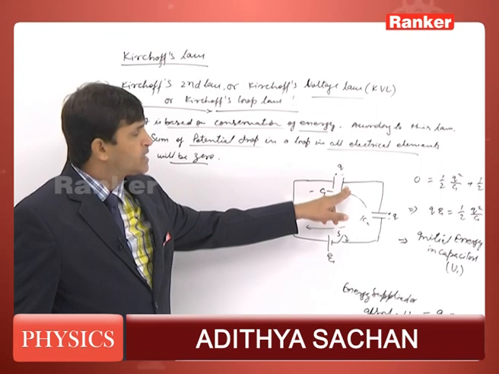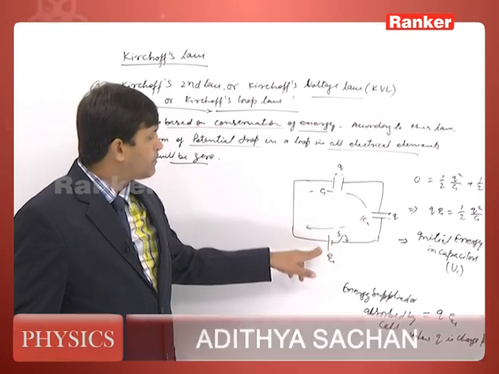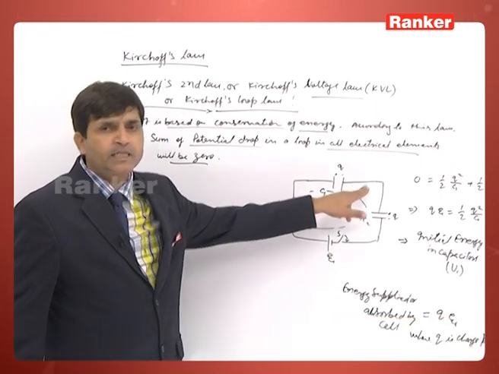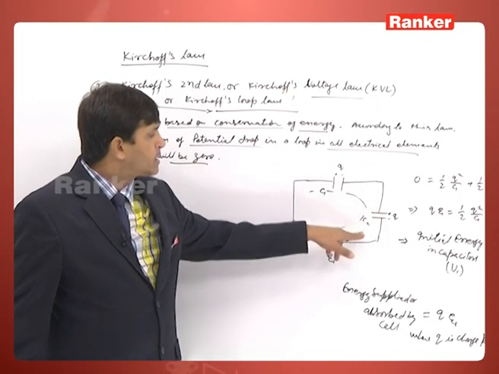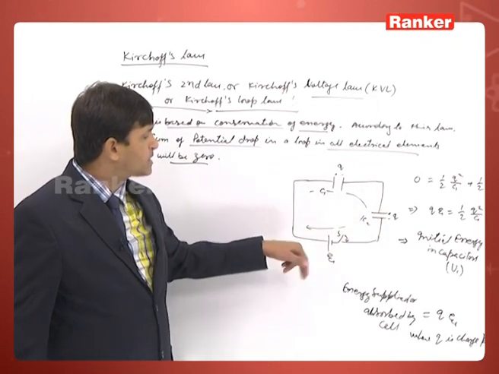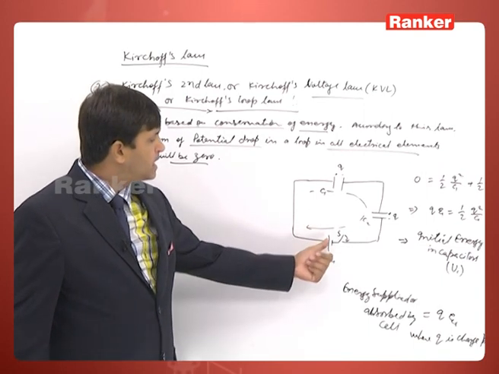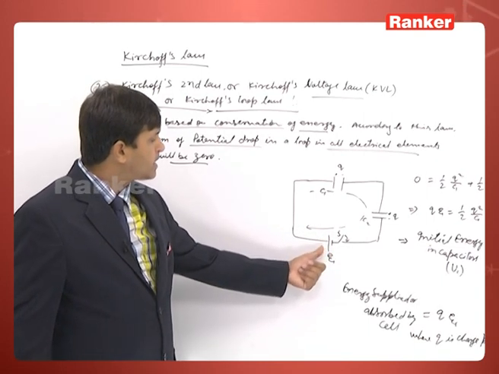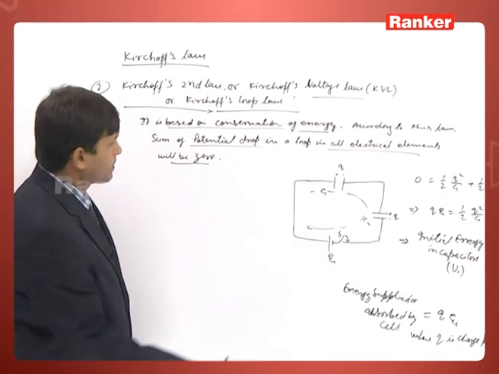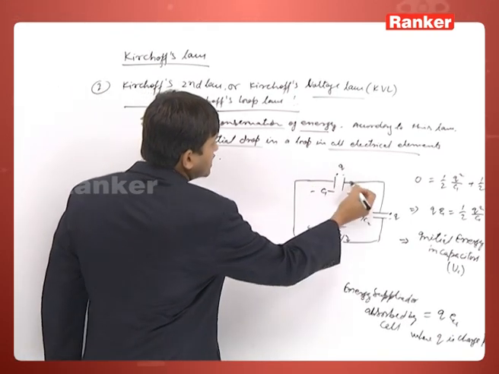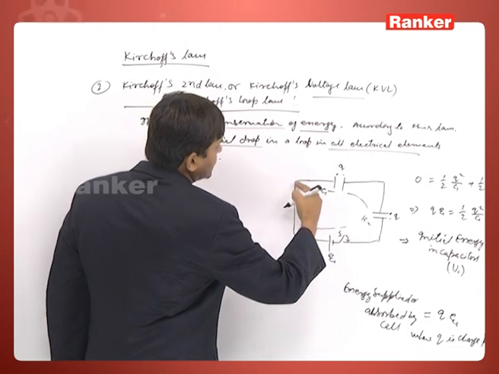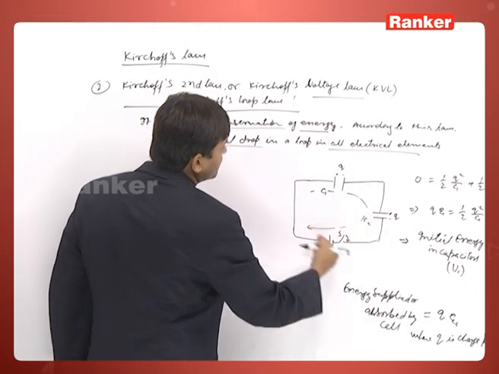When we are leaving a capacitor plate or a cell from the lower potential terminal, we have to use negative, and when we are leaving the higher potential terminal of a cell, then positive. As we apply Kirchoff's second law here, we start from this point and come back to the same point.